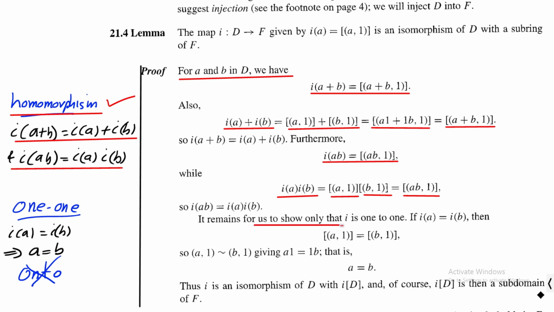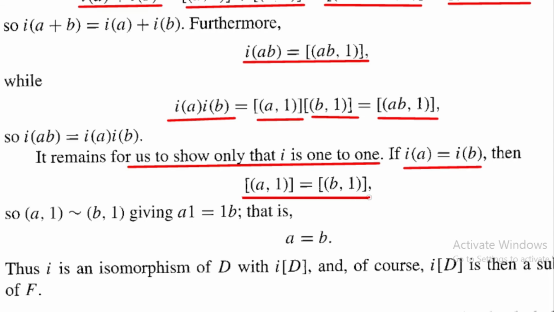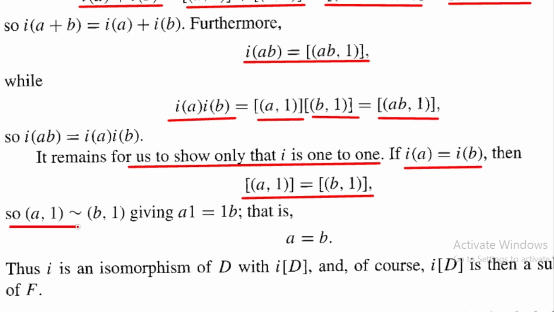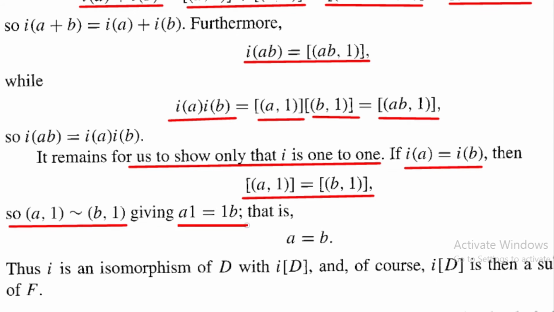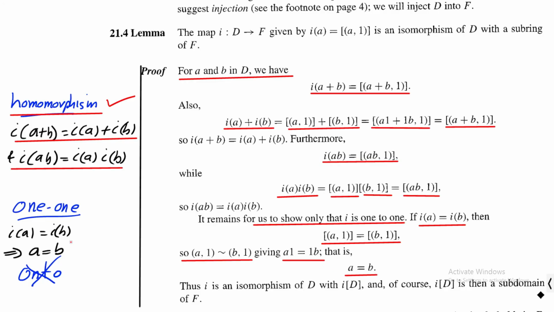For that you need to start with I of A equal to I of B, that is we have the equivalence class [(A, 1)] equal to the equivalence class [(B, 1)], that is the ordered pair (A, 1) and (B, 1) are in relation tilde, which gives you the condition A into 1 equal to 1 into B, which means that A equals B. Hence you started with I of A equal to I of B and reached A equal to B, and hence we proved that it is a 1-1 map.